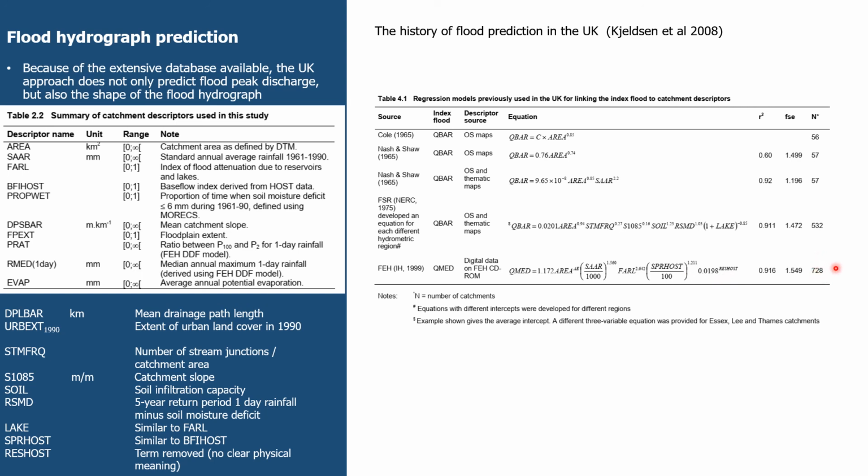Up to 728 sites were being used by 1999, and again we get an overall R-squared of over 0.9, so quite a high coefficient of determination for these predictive equations.